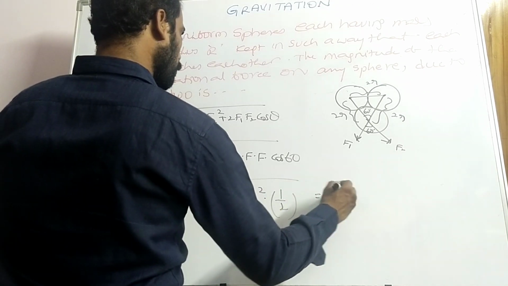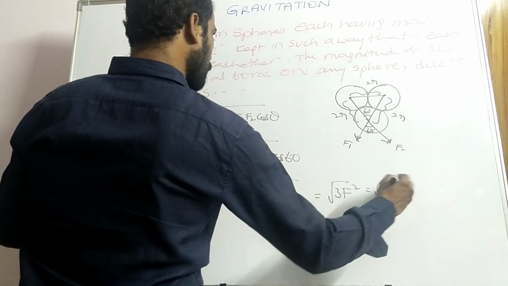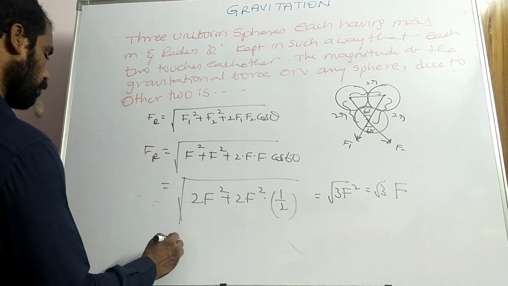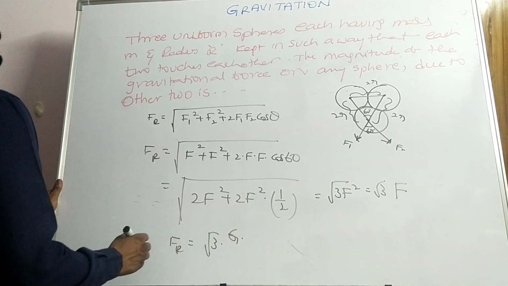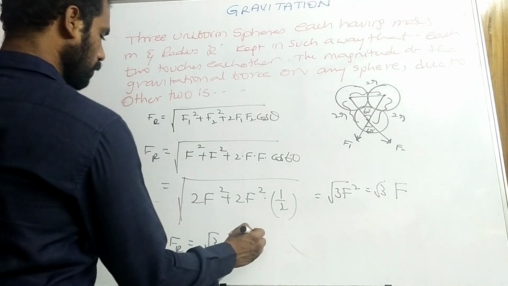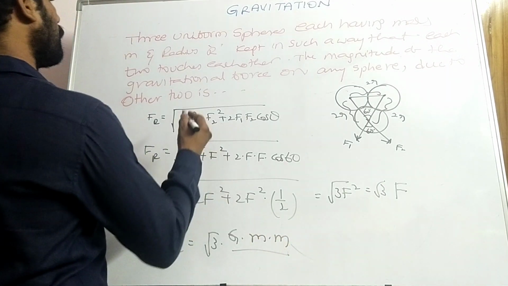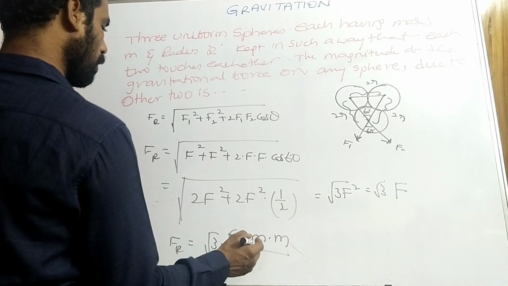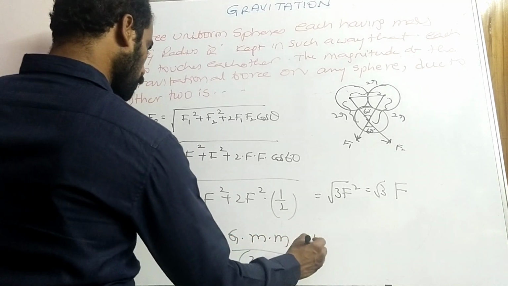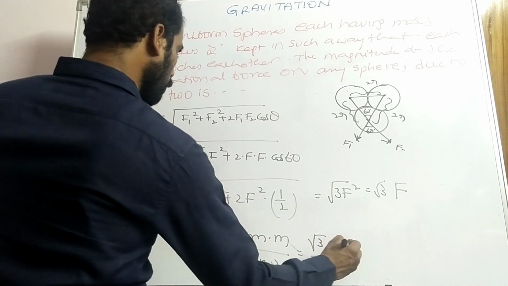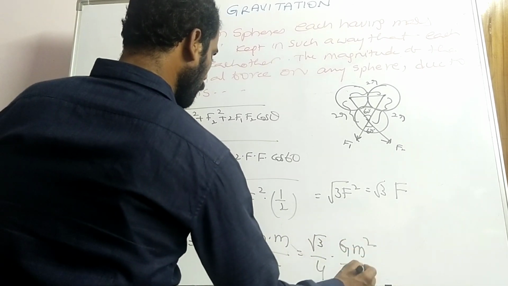That is equal to root 3F square, that is root 3 F. So Fr is equal to root 3 into G M1 M2 by the distance between them, 2R whole square. That is equal to root 3 by 4 G M square by R square.